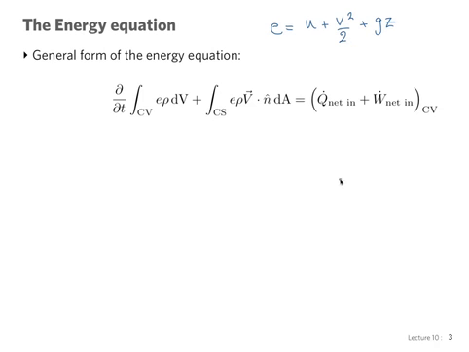So in general, this we're going to be able to write as equal to the term of heat, which we often won't have in our fluid systems, as they're considered adiabatic, but we could have different forms of work.